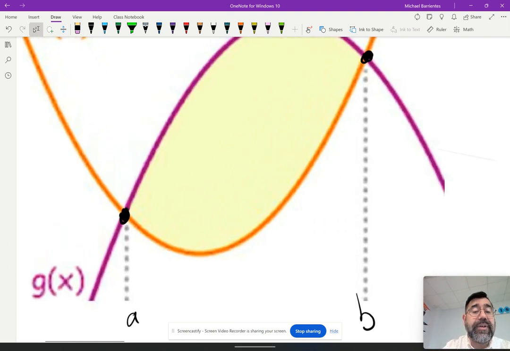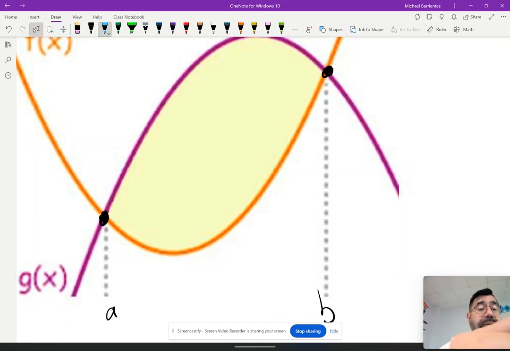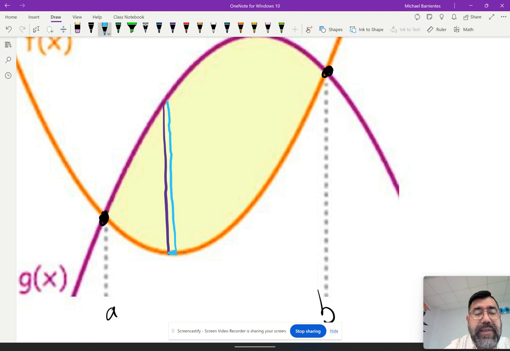So this is what we're going to do. We're going to build rectangles that are really, really thin strips like this, right? And so we're building these rectangles as best as we can here.